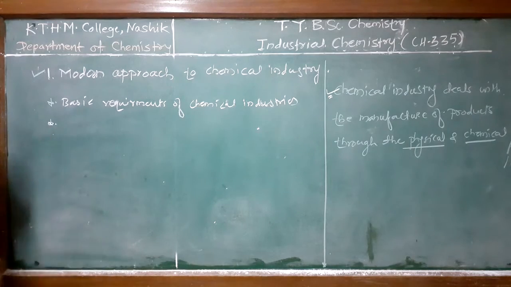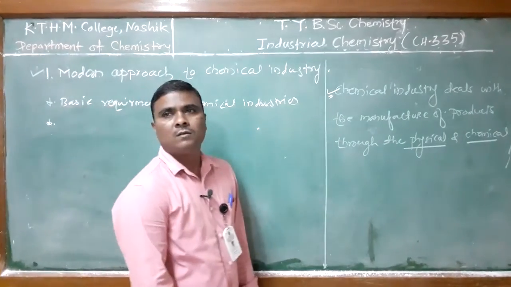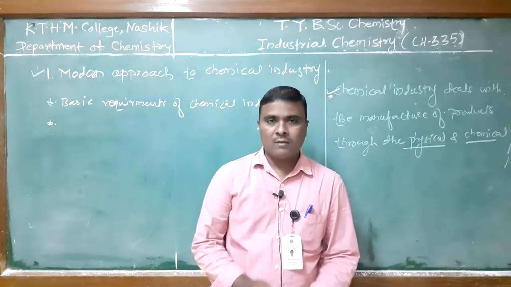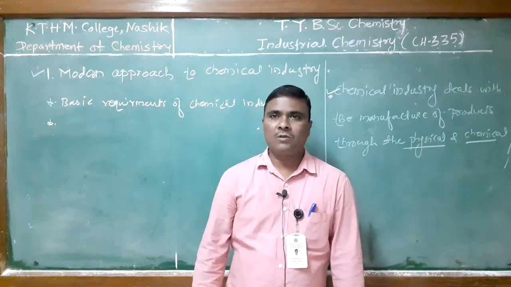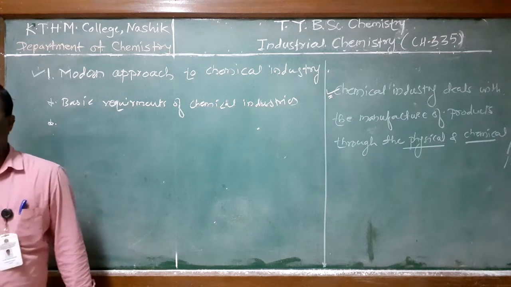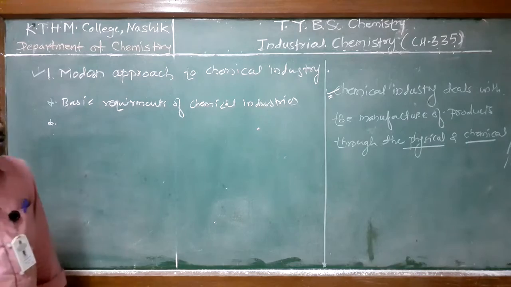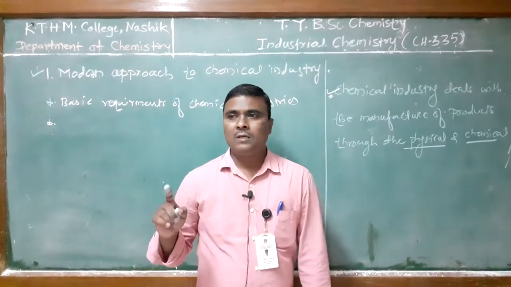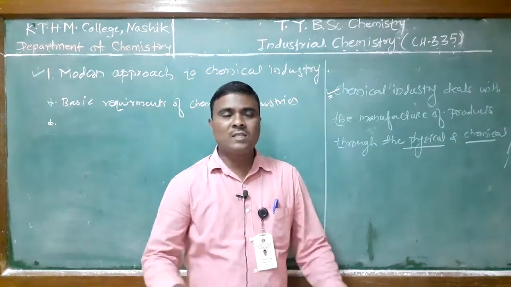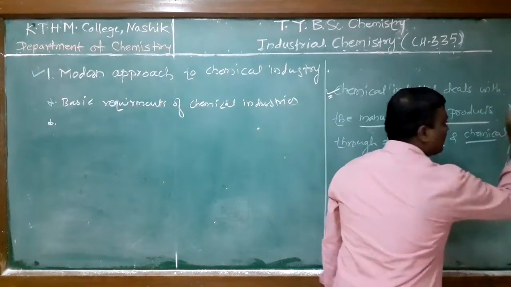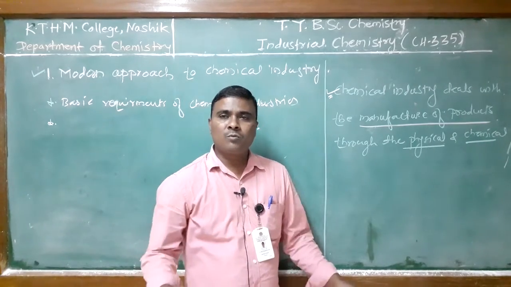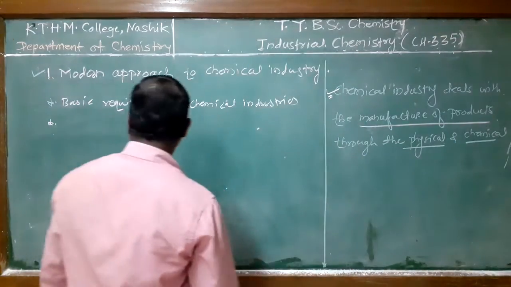After studying basic requirements of chemical industry, we will discuss the steps involved in the manufacture of products. What are the steps needed? Of course, we have to keep one thing in mind throughout studying this paper, that we are manufacturing the products, and for the manufacturing of products, the most and foremost important factor is raw material.